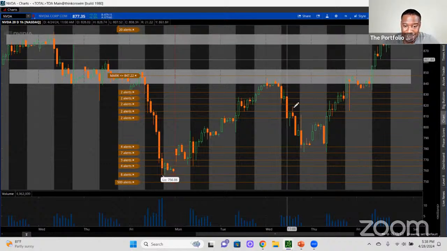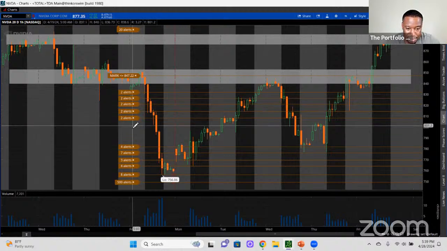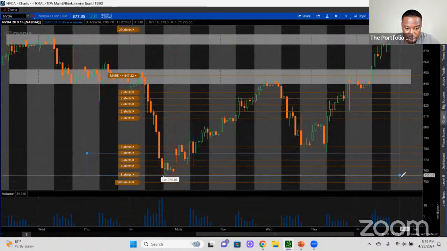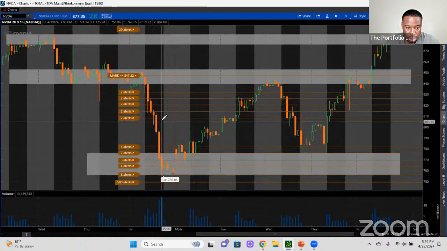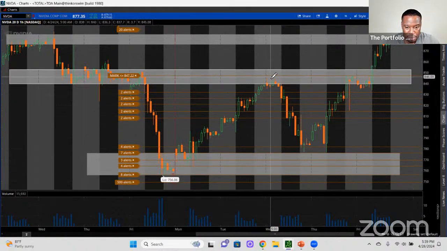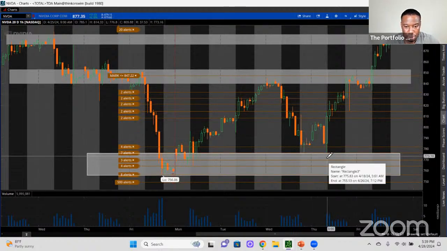But first, I need to identify those areas. I need to have those targets, those supply and demand zones. So this right here, and you got it right here, you got an area down here. So this was a nice little bounce area. The stock worked its way back up, rejected over here. Boom. You see that?